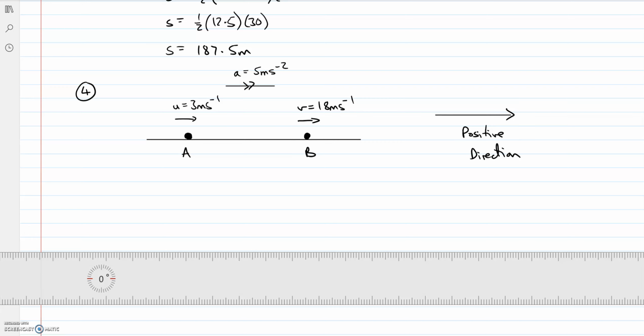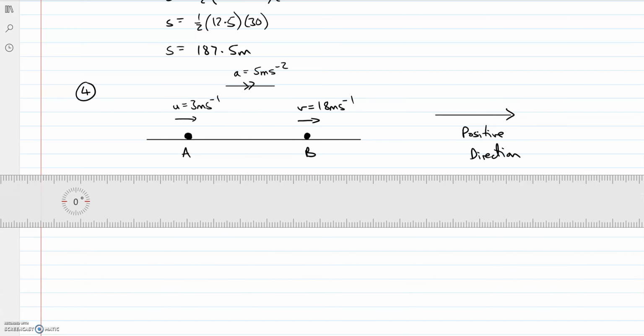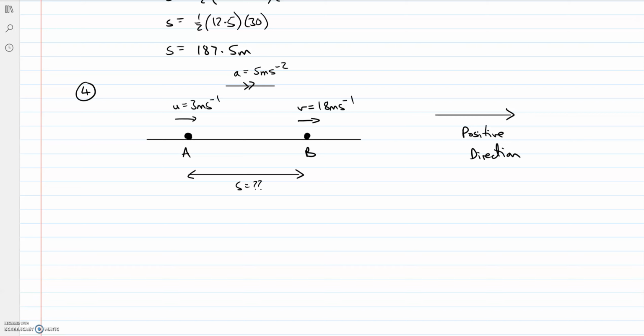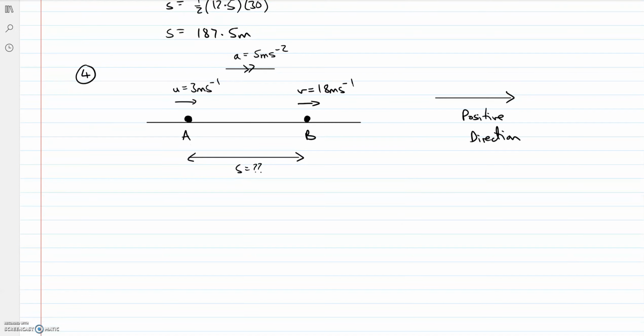And we're asked to find the distance from A to B. So that will be the displacement from the initial position to the final position. This will be s here. So we have u, which is 3, v, which is 18, our constant acceleration of 5 meters per second squared, and we're looking for s.